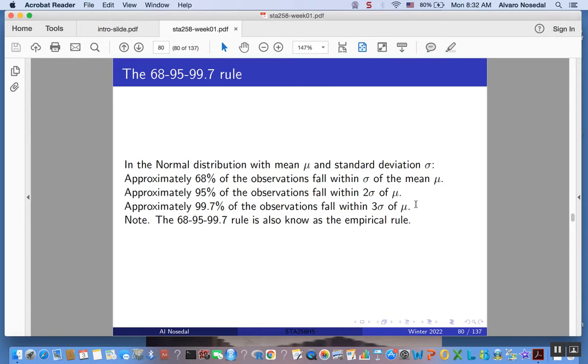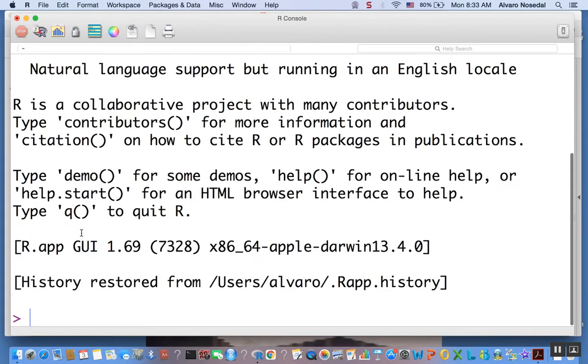And the last part of the rule is that between mu minus 3 times sigma and mu plus 3 times sigma, you will have roughly all the observations, 99.7% of the observations. Okay? So, we can check. Let's launch R. Again, remember that these are just approximations.